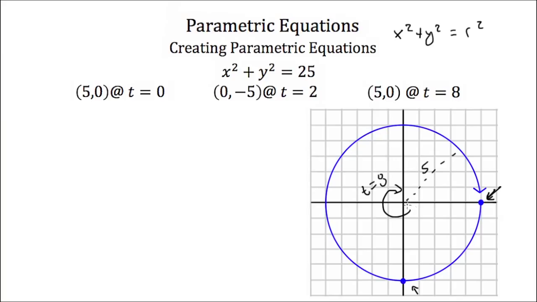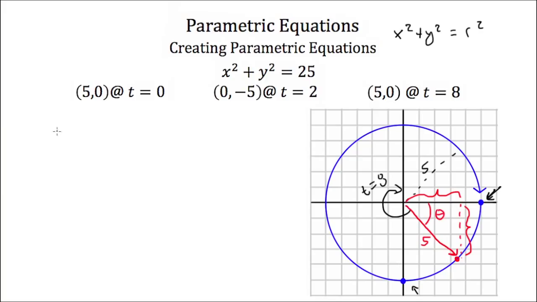Well, if I'm at this point here, and this distance is 5, and this angle, I would say, is theta, that would mean that my x-coordinate would be this distance, and my y-coordinate would be this distance.